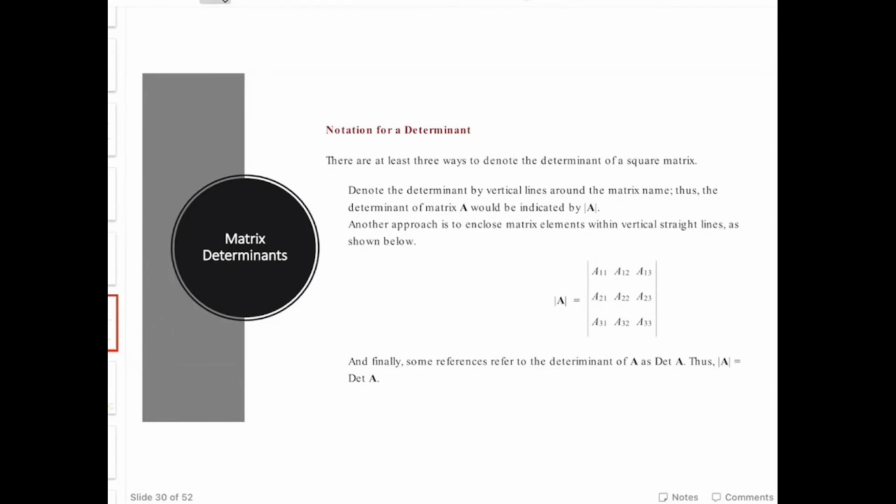There are different ways you can denote the determinant of a matrix.